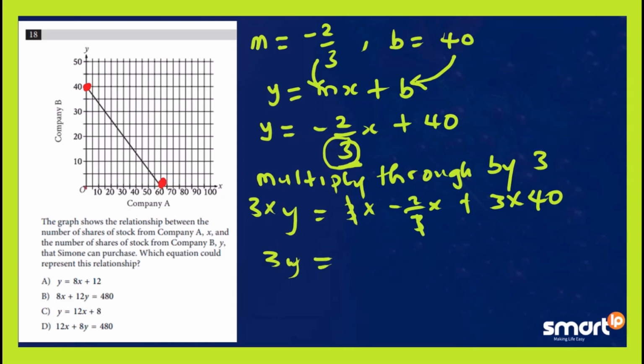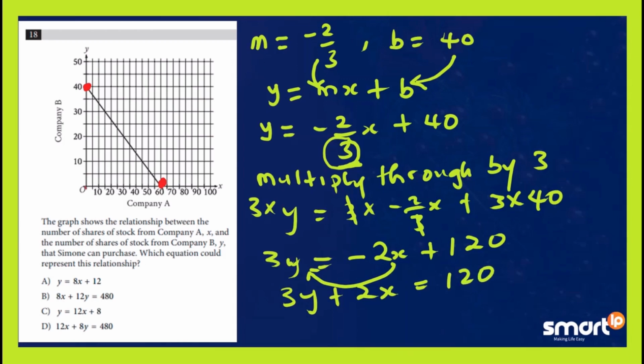That has been our main target, to cancel out the denominator. Okay, so minus 2x will be left there, then plus 3 times 40, that is 120. Okay, so the next thing we need to do, we want to move this negative 2x to the left hand side so that we have 3y plus 2x equals 120.